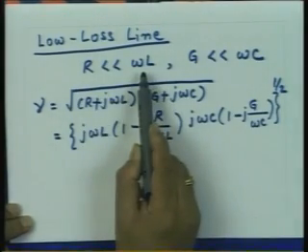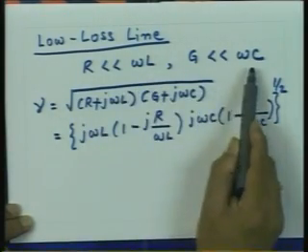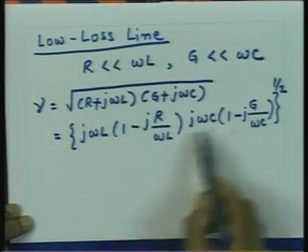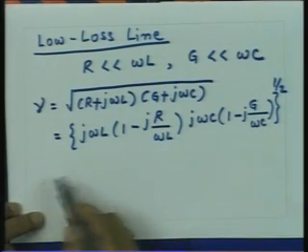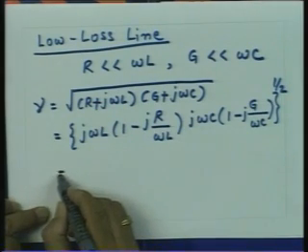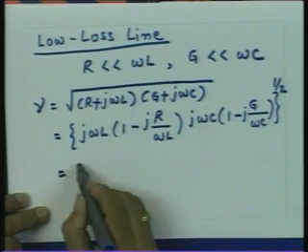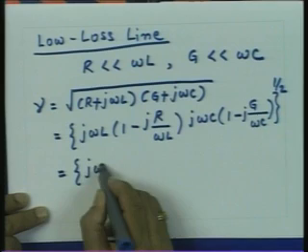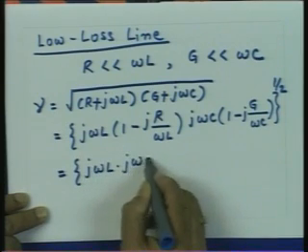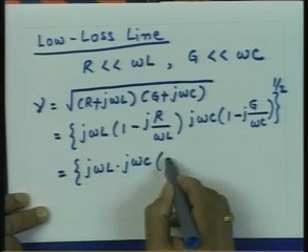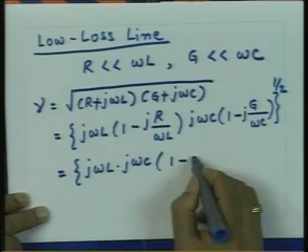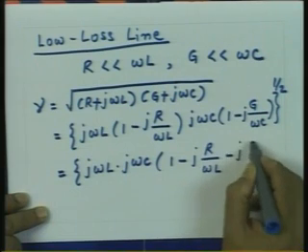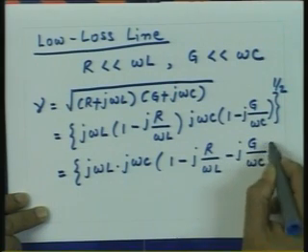Noting that R is much smaller compared to omega L and G is much smaller compared to omega C, if I retain only the first order terms, the product of these will be a second order term. So, retaining only the first order terms, this I can write as the square root of j omega L j omega C into (1 minus j R upon omega L minus j G upon omega C).